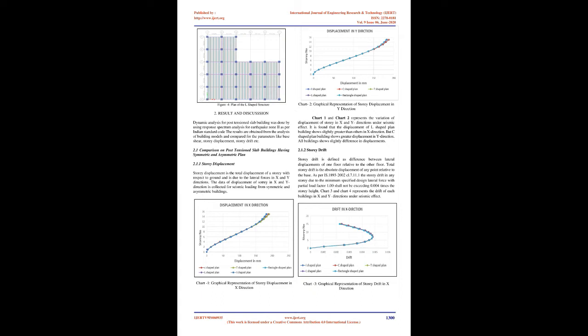Column dimensions. 1 to 5 storeys: 850 mm x 850 mm. 6 to 10 storeys: 750 mm x 750 mm. 11 to 15 storeys: 600 mm x 600 mm.